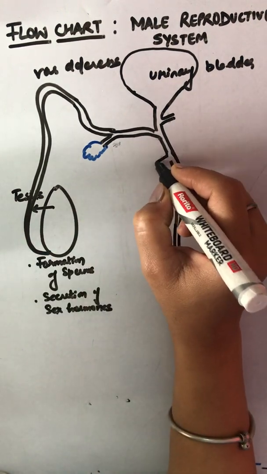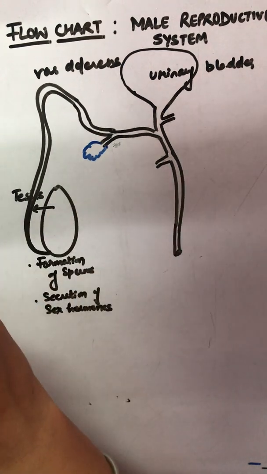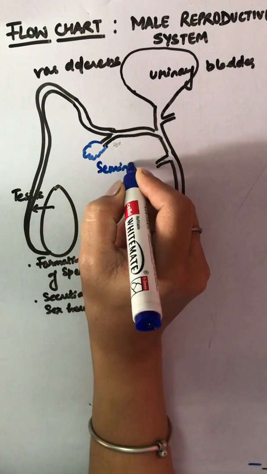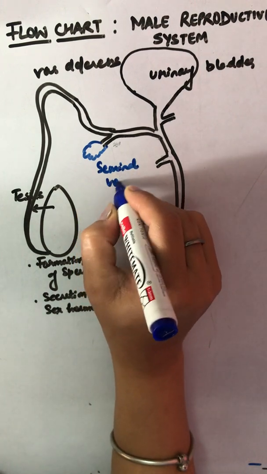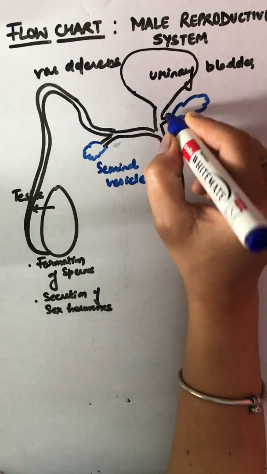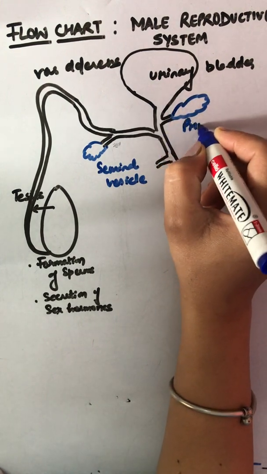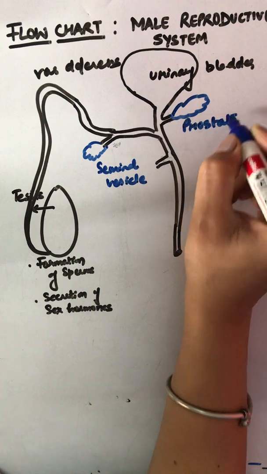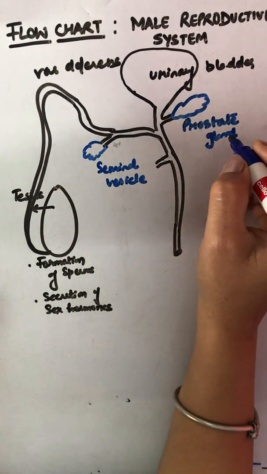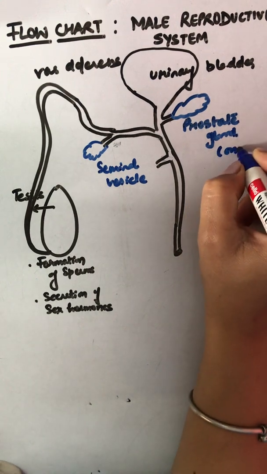So these three would be: first, as we have already discussed, the seminal vesicle, and this one is the prostate gland. Always remember, this is one.